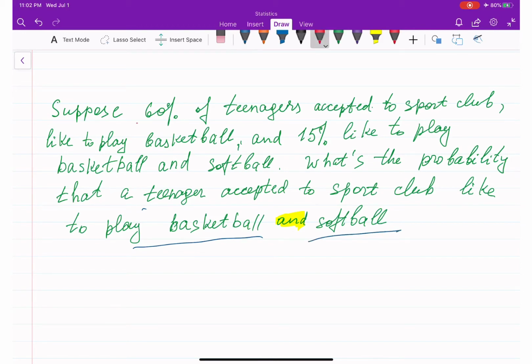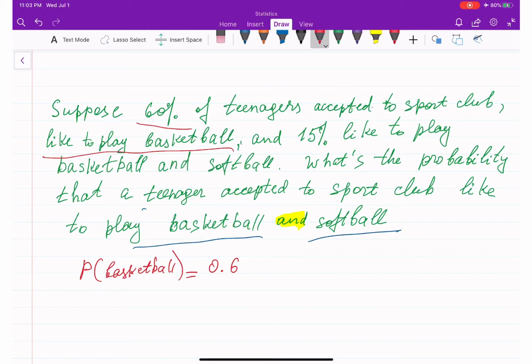So 60% like to play basketball, which means probability of basketball, 60% is going to be 0.6.